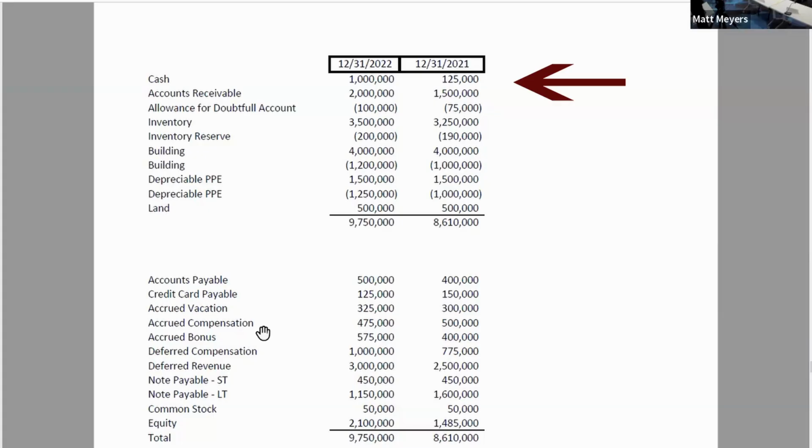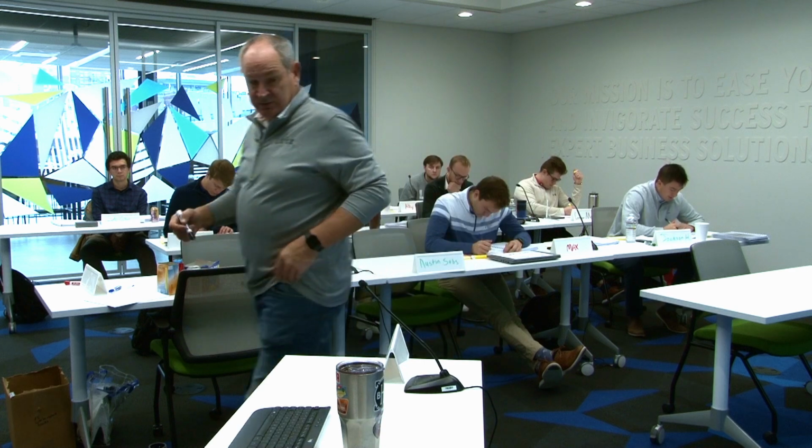I have deferred revenue on here, yay me. I like that a lot, okay? So this is the balance sheet of the client that you're going to get when we prepare the tax return, I think is what's happening here.